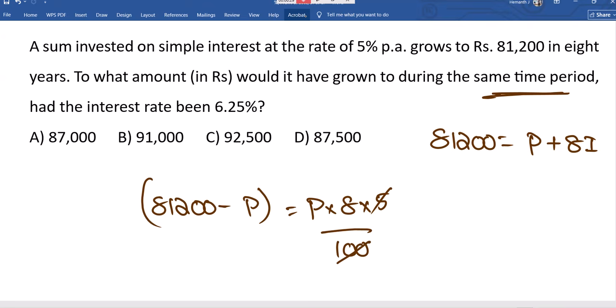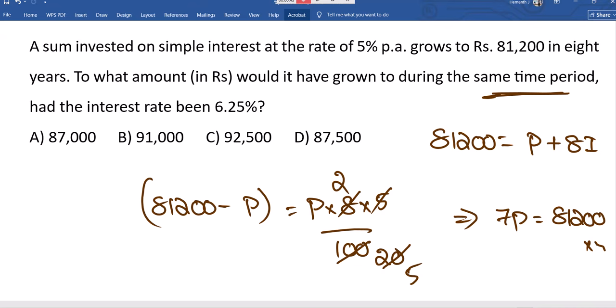So if you go for this, 2 times, 5 times, now minus 5P here, 2P, 7P. 7P is equal to 81,200 into 5. You can calculate what is the P value from this.